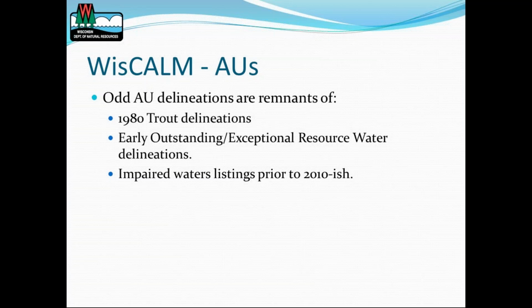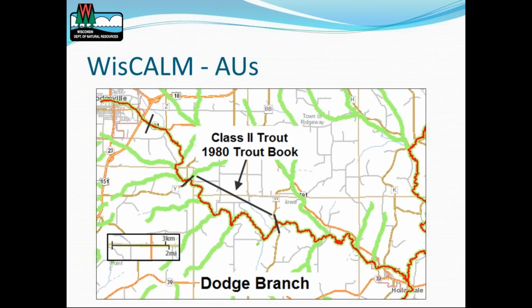As an example, this is Dodge Branch. This middle section here is a class 2 trout water. In the 1980 Trout book, it's cut off at Highway W and Highway Y. Now the fish don't really care that there are highways there, but they were landmarks and I think an easier way to mark where the beginning and end of this section was.